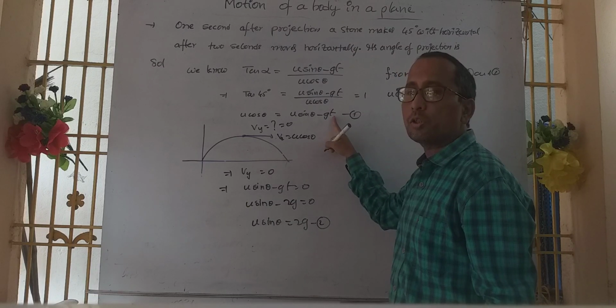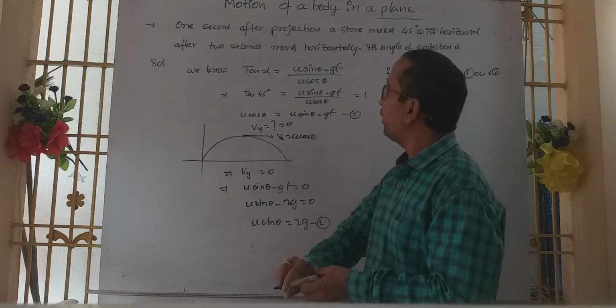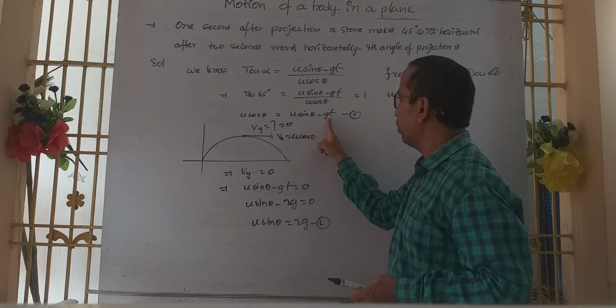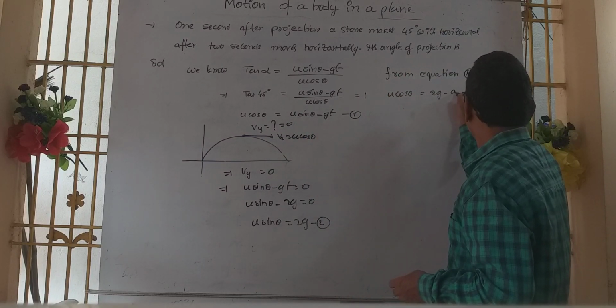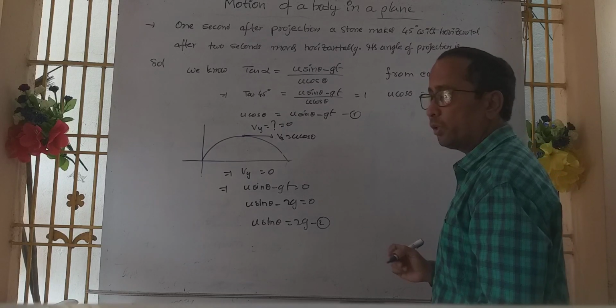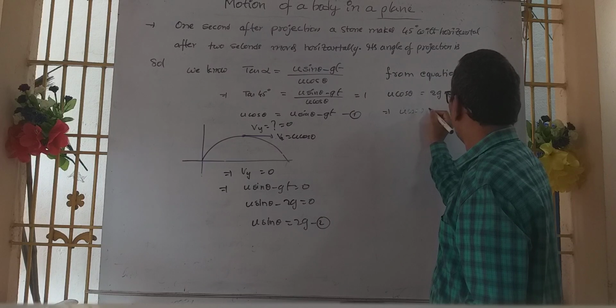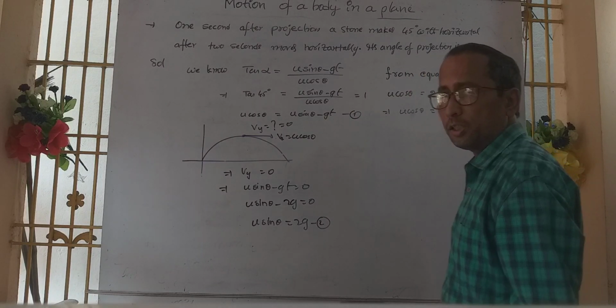Here we forgot to substitute: t is equal to 1 second. Why? Because it is 1 second after. So here you have to substitute the value. That's why 2g minus g into 1, g into 1. That implies u cos theta is equal to g. u cos theta is equal to g.